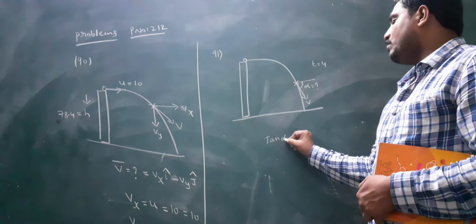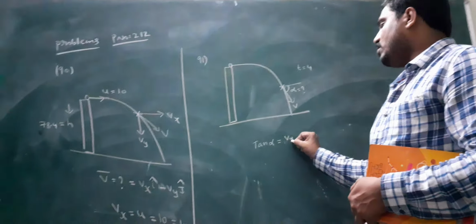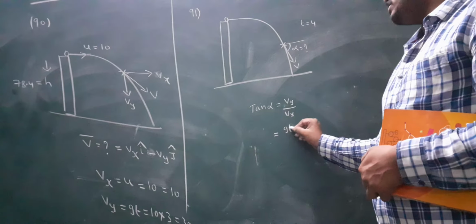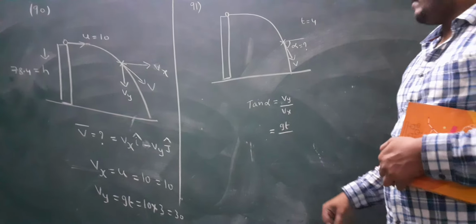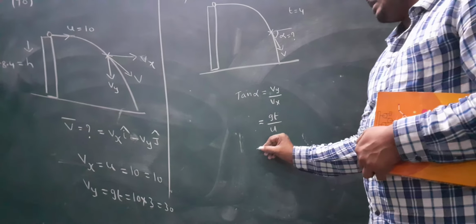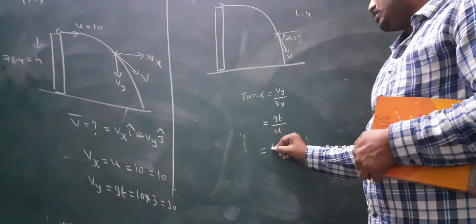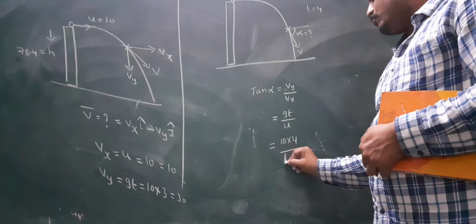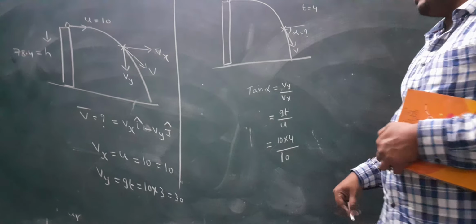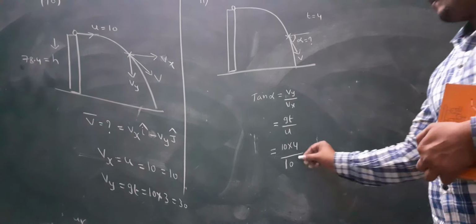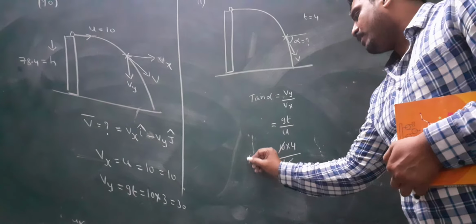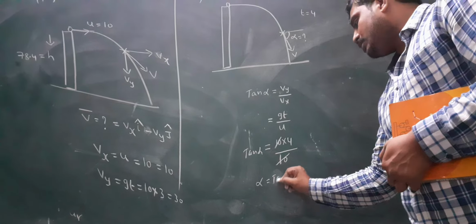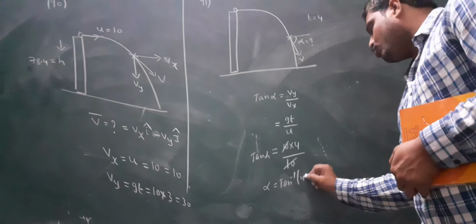What is the formula for tan alpha? Vy by Vx. What is the Vy formula? gt. Vx formula is U. Here the g value is 10, time is given 4, U value is given 10. What is the tan alpha value? 4. Find alpha. Alpha is tan inverse 4.